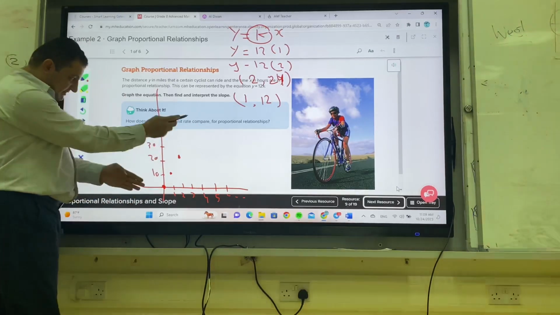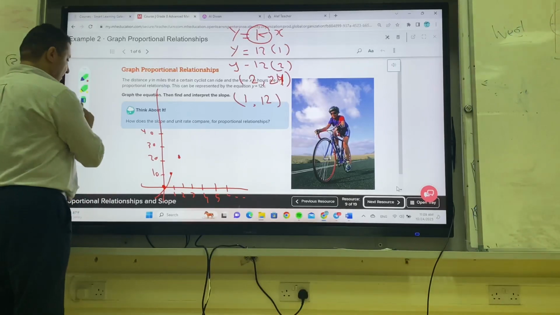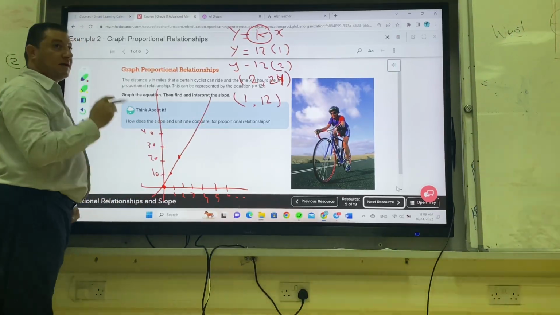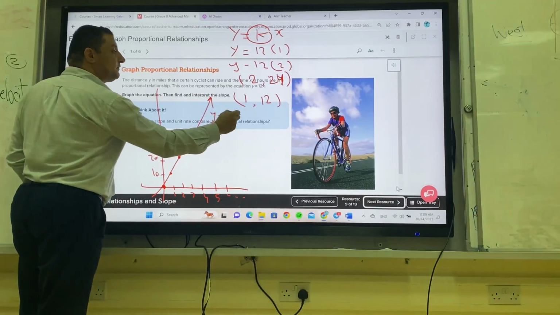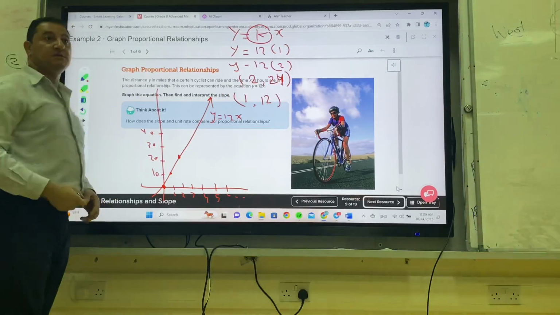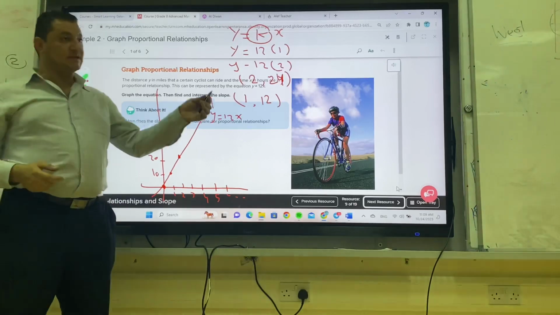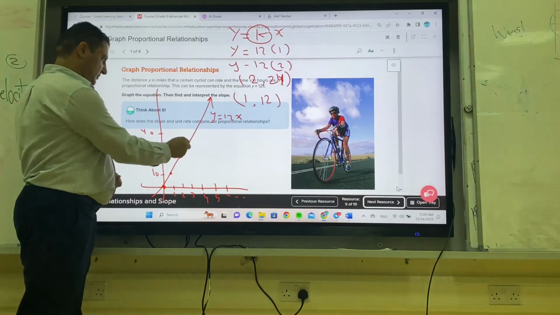Now the straight line appears. I can just connect these points with a ruler to find the straight line. This line is called y equals 12x. Similarly, if x is 3, y is 36, somewhere here.